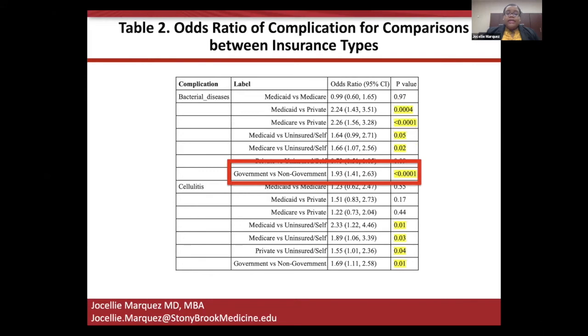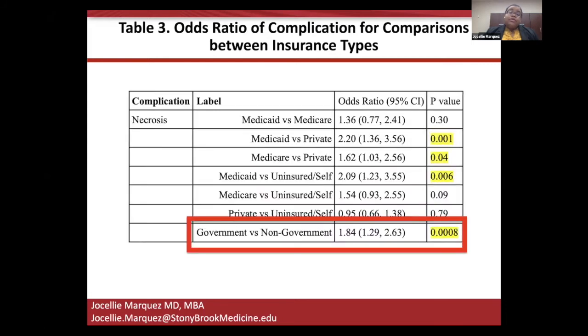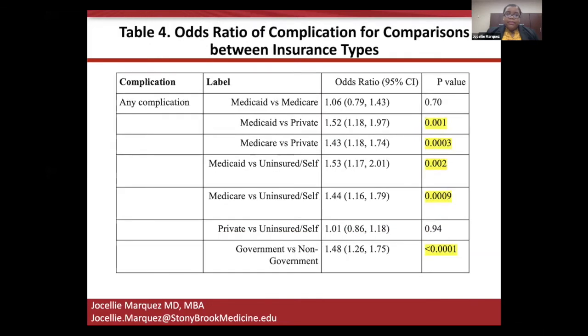When categorized into government versus non-government groups, the trend was similar regarding bacterial diseases and cellulitis outcomes. With necrosis, this trend was seen when the categories were government versus non-government.